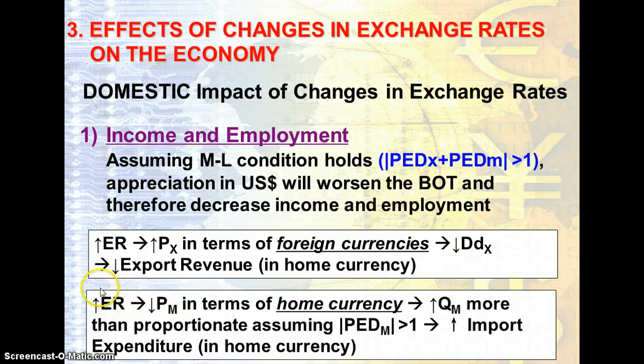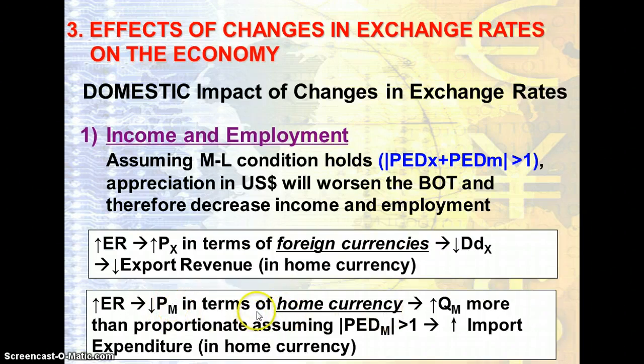However, on the other hand, the same increase in the exchange rate will cause a decrease in the price of imports in terms of the home currency. Because of the stronger exchange rate, imports become relatively cheaper as compared to previously.